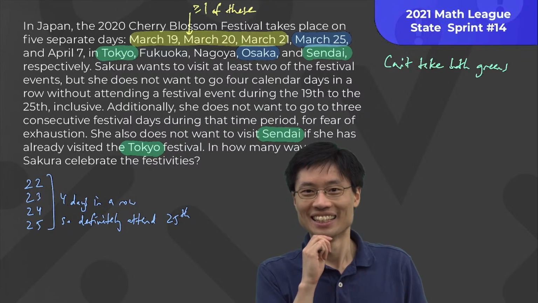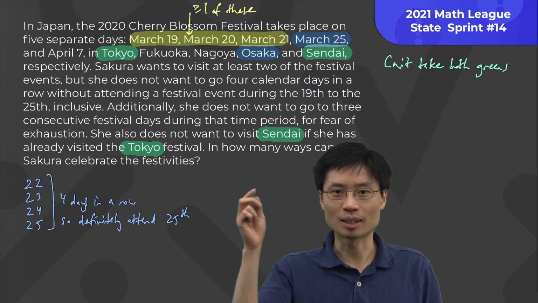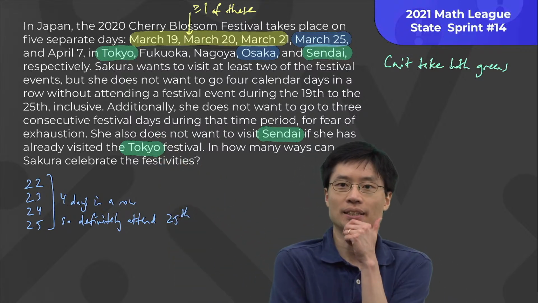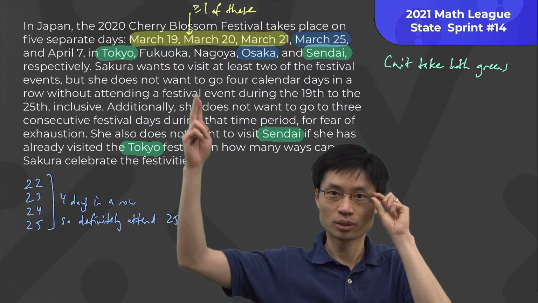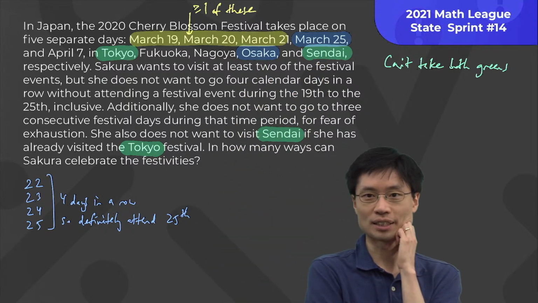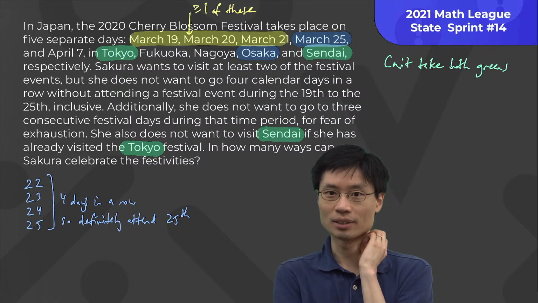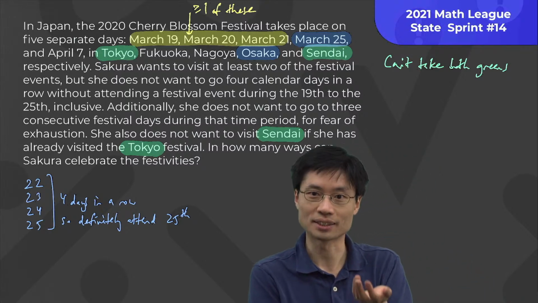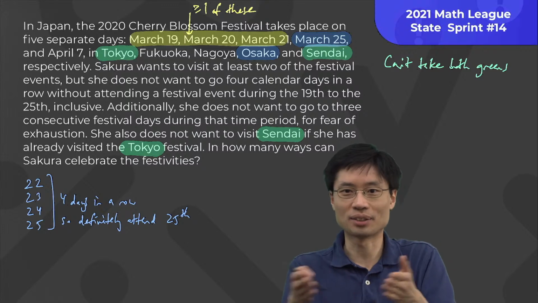Oh my goodness. I'm trying to think, does 3 consecutive festival days mean the 20th, 21st, and 25th can be considered 3 consecutive festival days? I'm going to interpret it that way at first, because sometimes if I tell you something like, hey, did you do something on 3 consecutive weekends? I don't mean it's impossible because weekends aren't consecutive days, right?